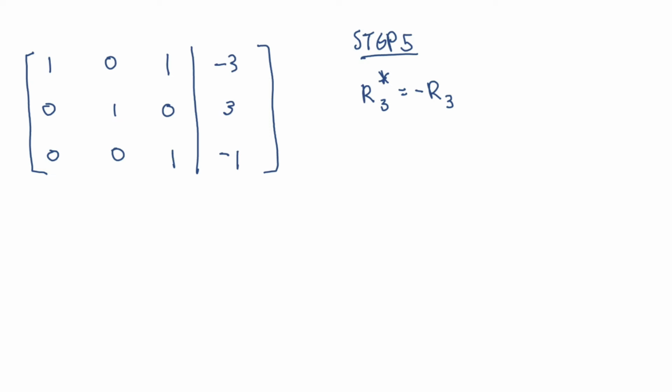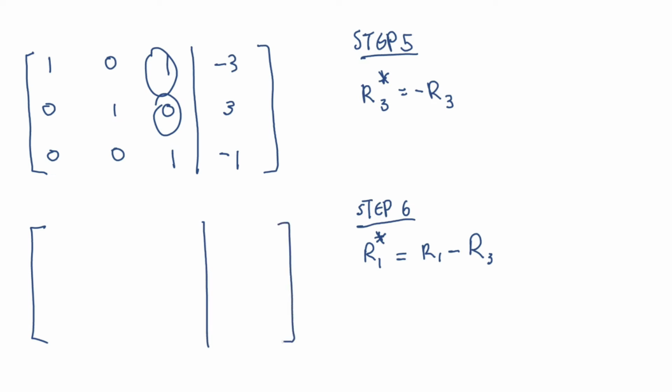Then lastly, for the last step, you want to obtain the row above the leading diagonal element into 0. Since row 2 is already 0, you just work on row 1. So row 1 will be equal to the original row 1 minus row 3.